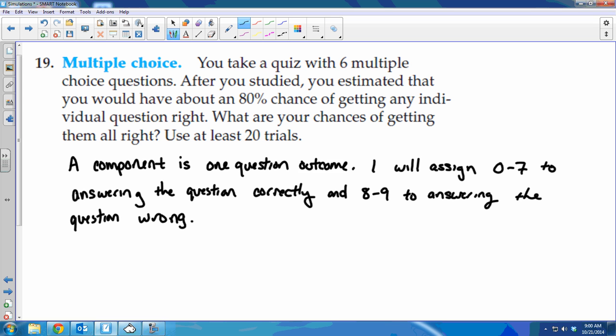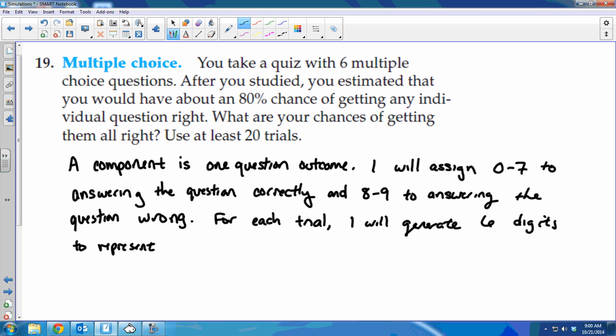So what is a trial going to look like? So for each trial, I will generate 6 digits to represent the quiz, right? To see how many times I get them right or wrong of your 6 questions. And so what are you interested in?